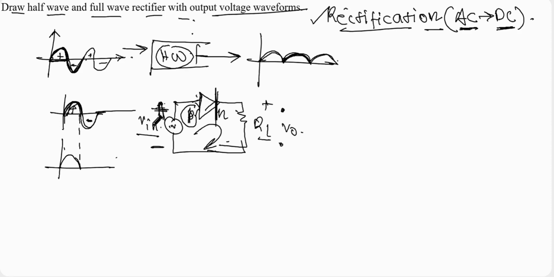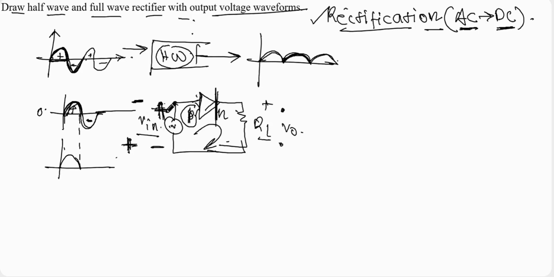But in the reverse bias, the polarities become opposite. This becomes negative and this becomes positive, because during reverse bias, the value of the voltage will fall below the zero level line or the ground reference line. So during this time, the polarities change. Before, the polarity was plus minus, and now the polarity becomes minus plus.